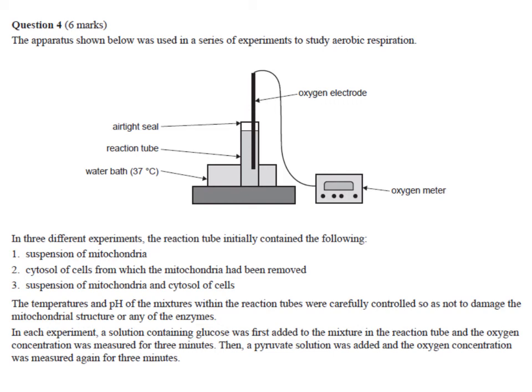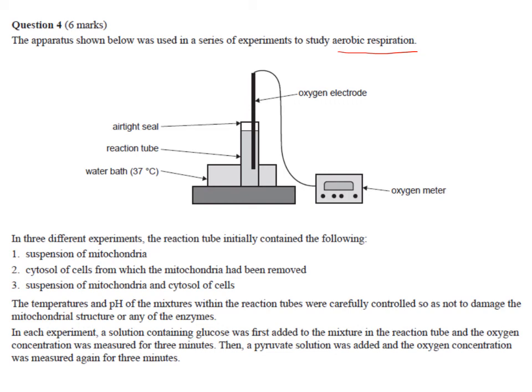Give you a minute again to read through this question, and then we'll have a look at the questions on the back. Okay, so again, another example of VCAA using an example experiment to assess understanding. So it's basically saying we're looking at the study of aerobic respiration and 3 different setups were used.